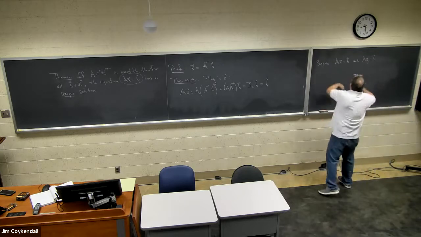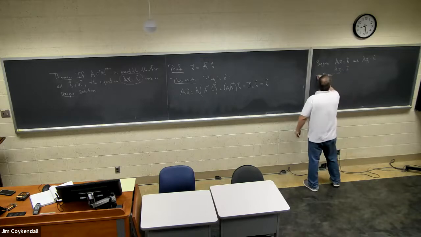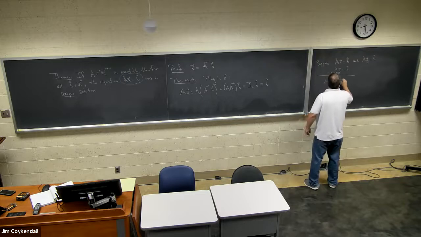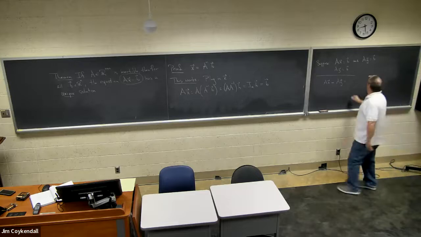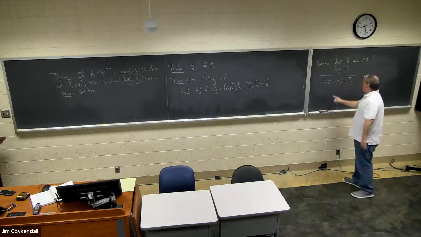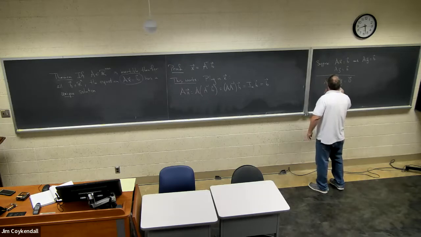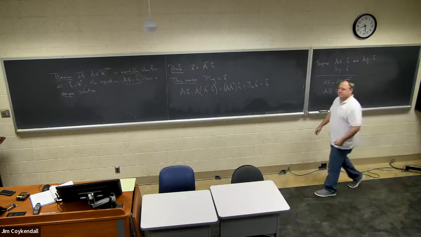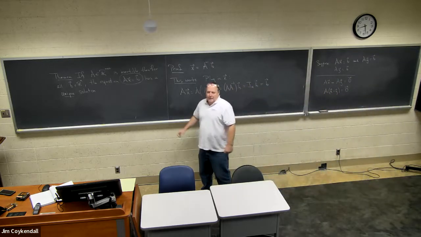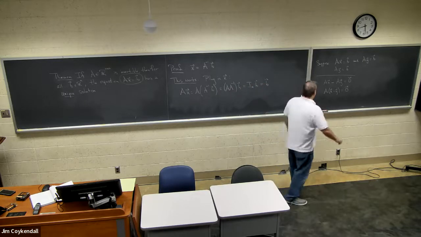Okay. Subtract these two equations. And I have AX minus AY is equal to what? 0. B minus B is 0. Now, I am going to multiply both sides of this equation by A inverse.